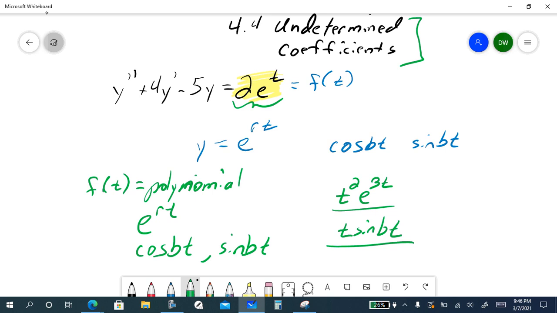So one thing that we have to keep in mind is that our solution can't also be a solution to the corresponding homogeneous equation. What do I mean by that?